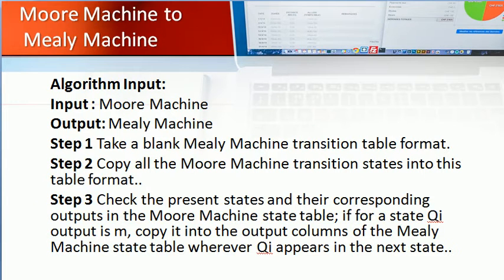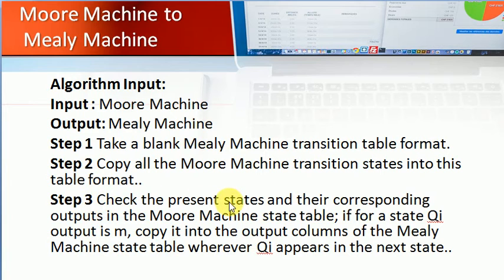Now we will see the algorithm for conversion of a Moore machine to a Mealy machine. First, the input is the Moore machine, and the output we get is a Mealy machine. Step 1: take a blank Mealy machine transition table format. Step 2: copy all the Moore machine transition states into this table.